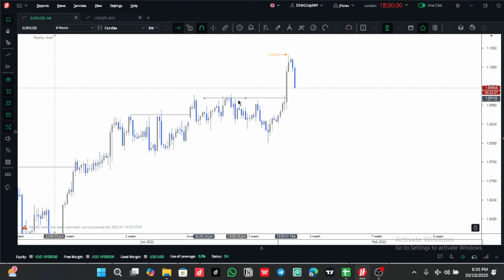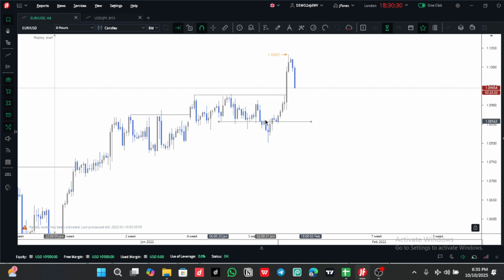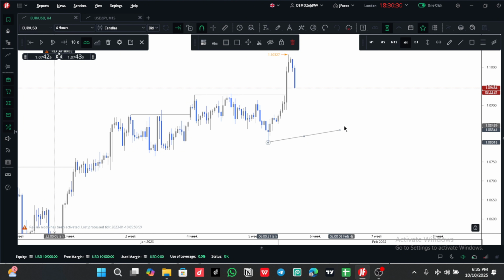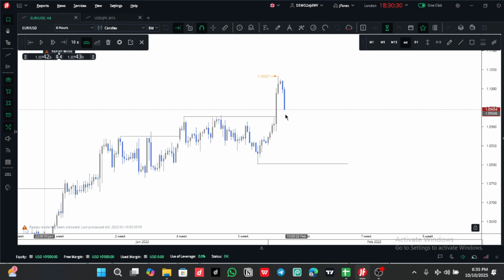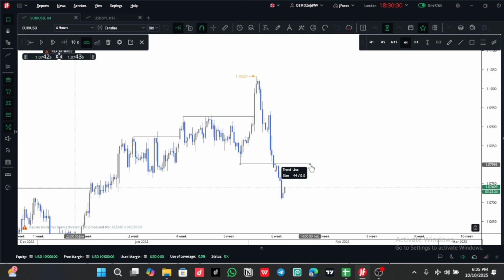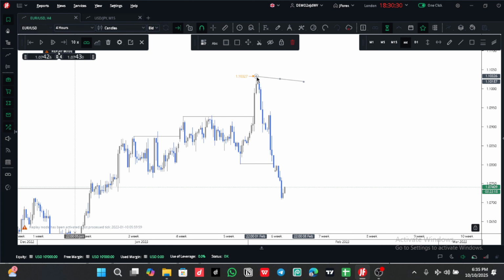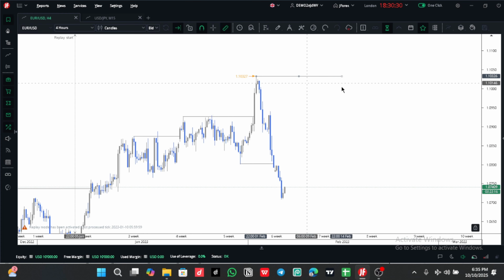That's another breakout structure again. I hope you're seeing it. That is another breakout structure again. This has been a new strong high.